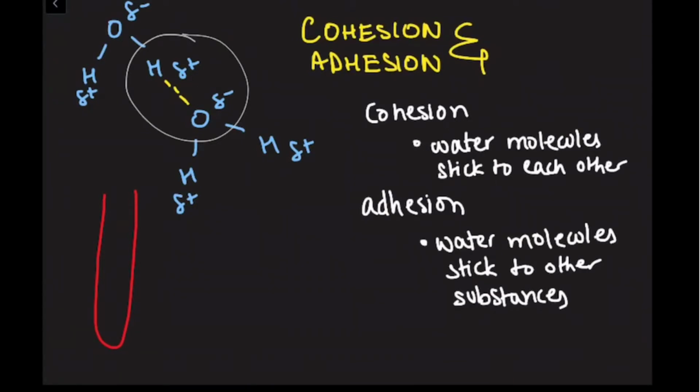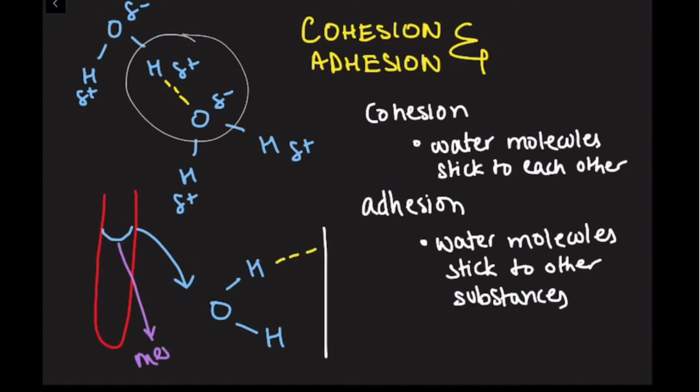There's a sort of curve in the water level. This is because the water molecules form hydrogen bonds with the glass. So the water molecule over here forms a hydrogen bond with the glass wall of the test tube, causing the water level to rise at the edges, forming this curve which is called a meniscus.